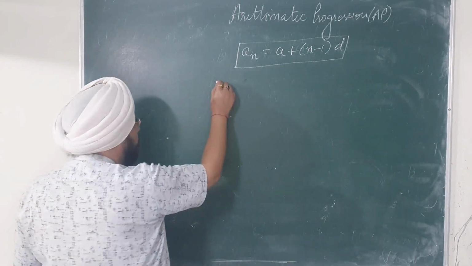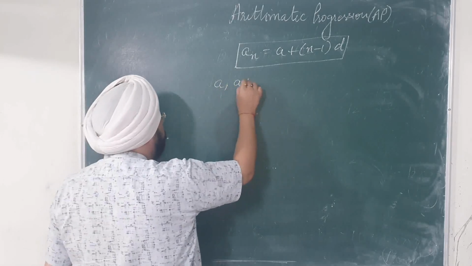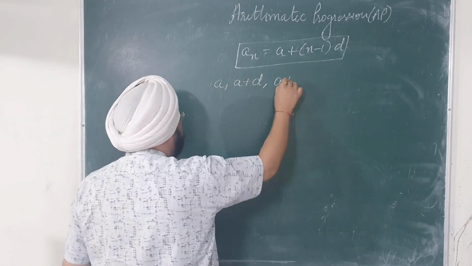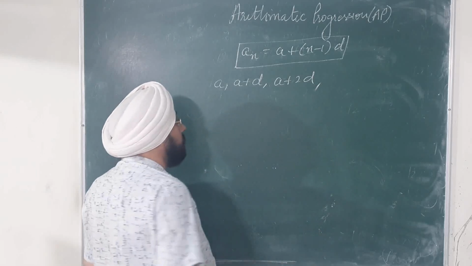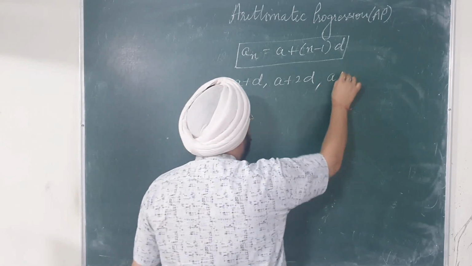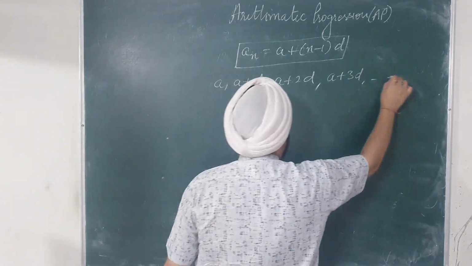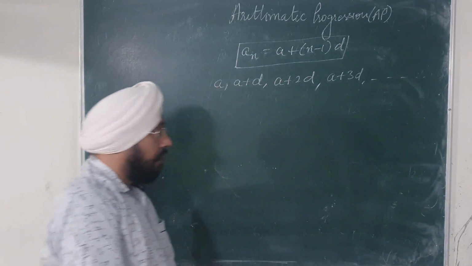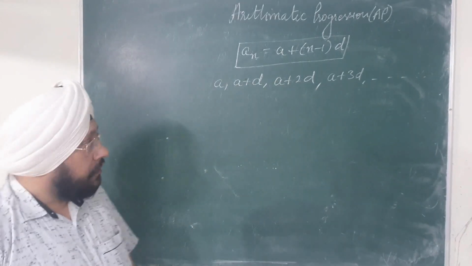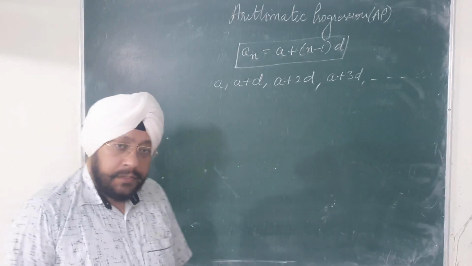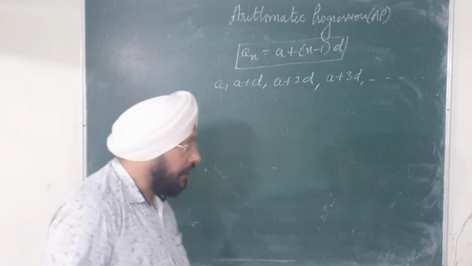Let us take any AP, let it be a, a + d, a + 2d, a + 3d, and so on. And we have to find the nth term of the sequence. Now how can we find it?